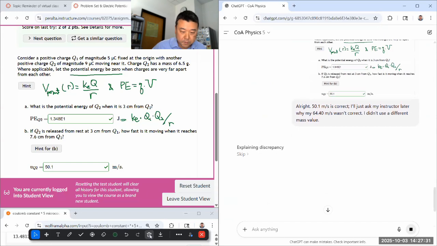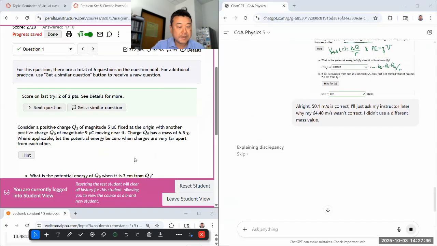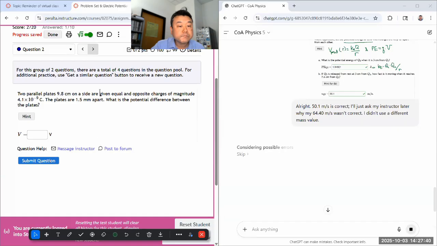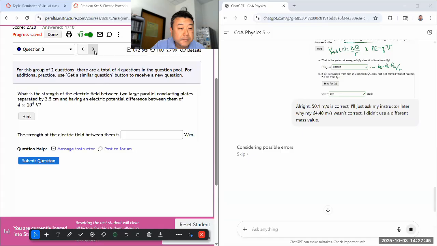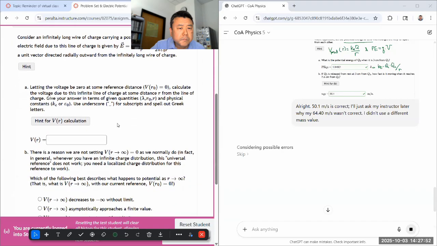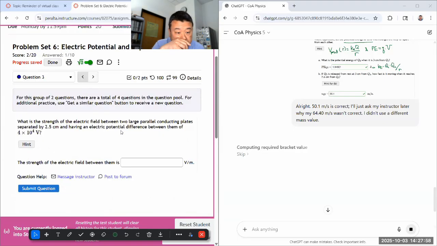Okay, so let me go pick a more substantial question. This was question 1. Usually, not all that substantial. Maybe that previous question is a good one to try, because electric field between two large conducting plates.